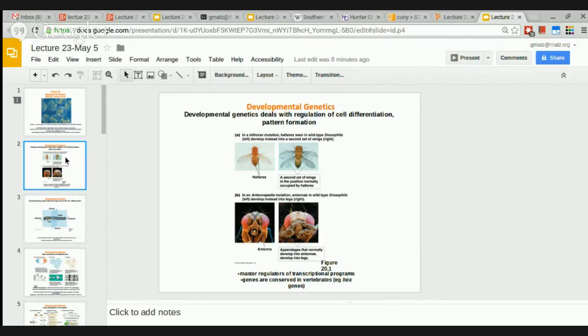Okay, these are very, very high in the hierarchy of gene expression, and these genes, when mutated, okay, they don't in fact impact on how the cell does something. It impacts on what the cell does and how the cell differentiates.